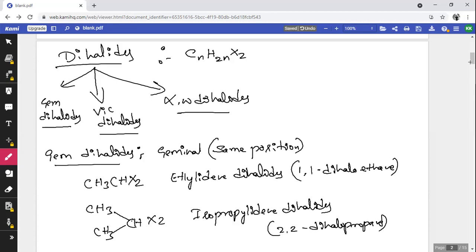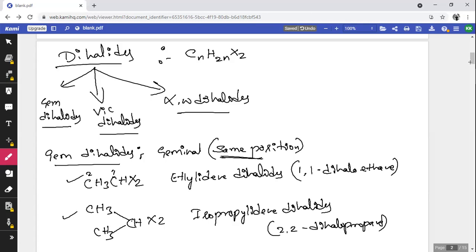Here in the first example, both the halogen groups are present on the same carbon atom. Let me consider this as first carbon and this as second carbon. So both the halogen groups are present on the same carbon, that is same position.